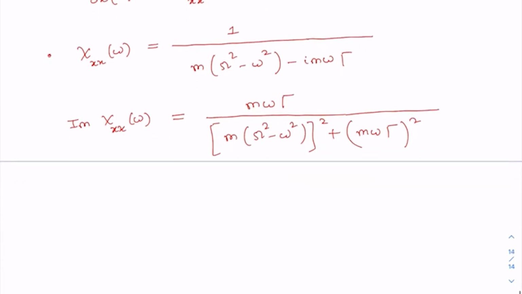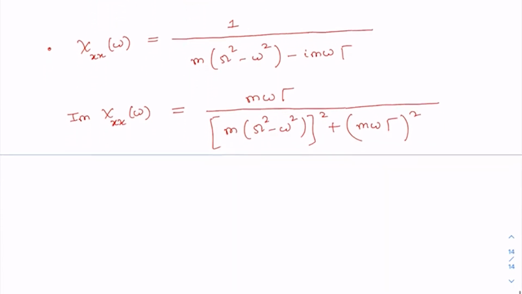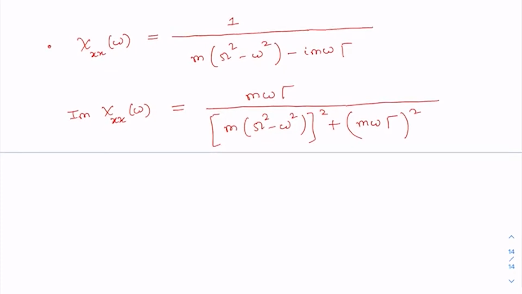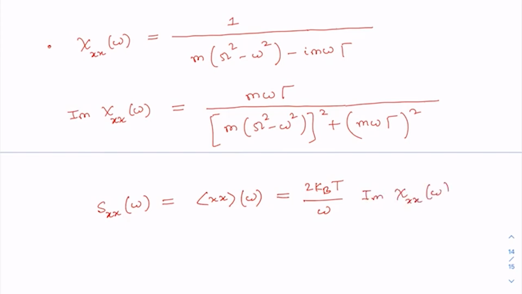Now you see, the imaginary part of the susceptibility is associated with the noise spectrum as per our fluctuation dissipation theorem. So this noise spectrum is equal to twice kBT by omega times the imaginary part of the susceptibility.